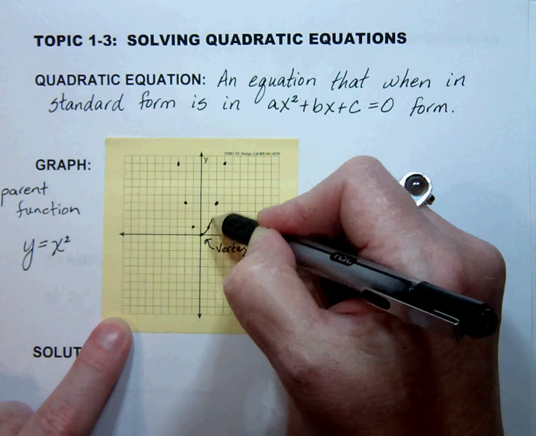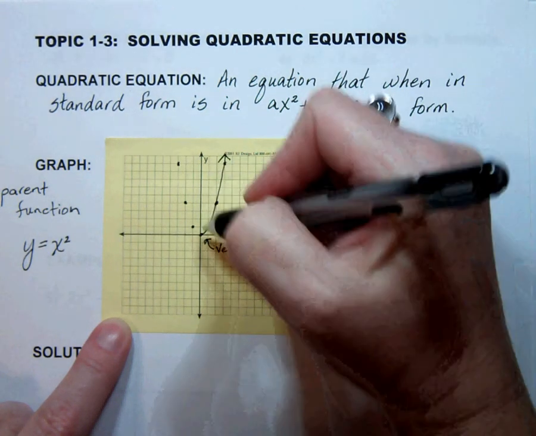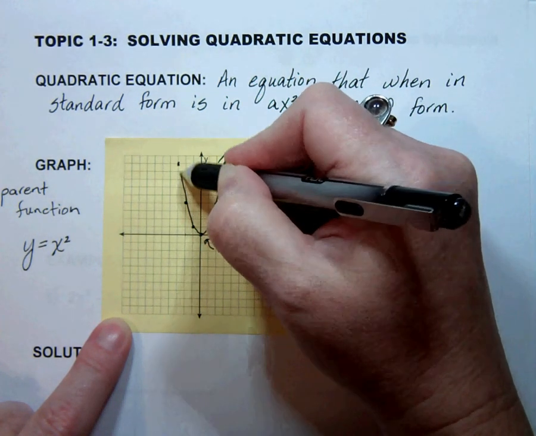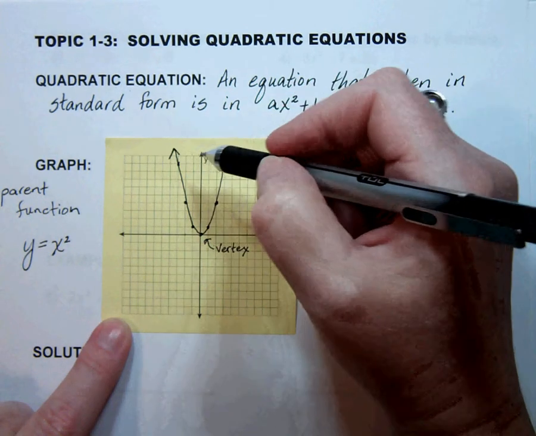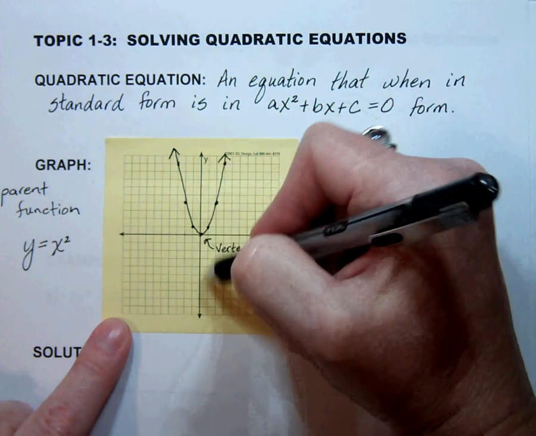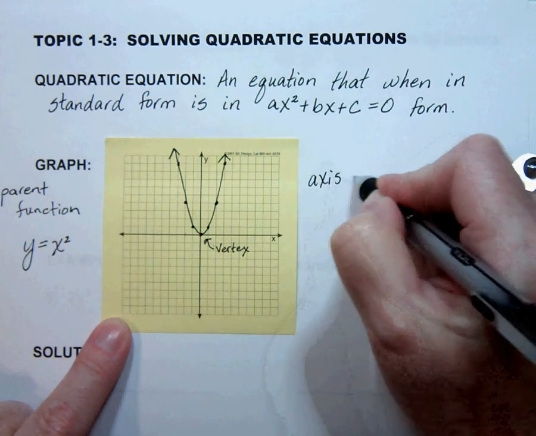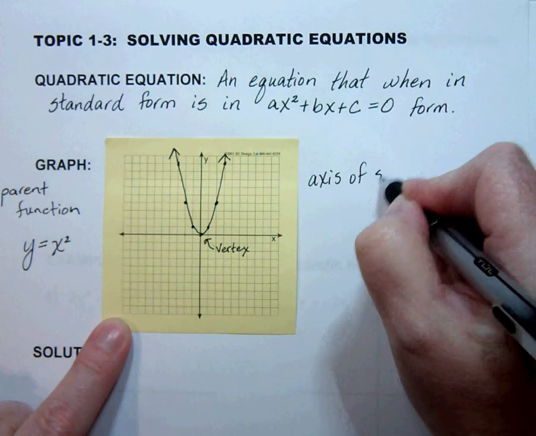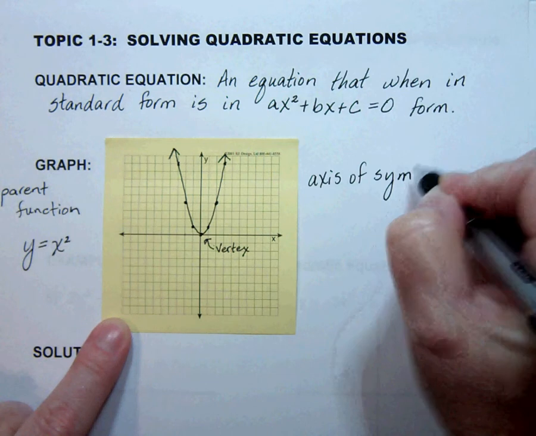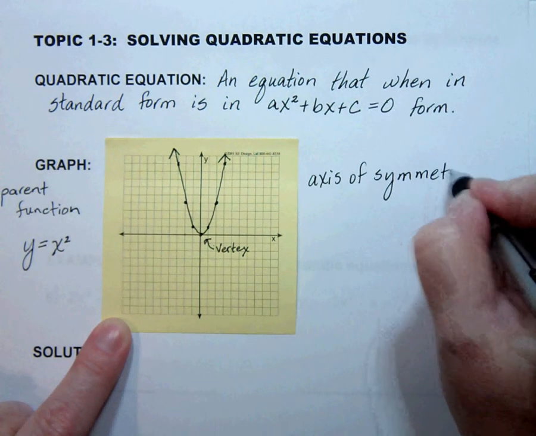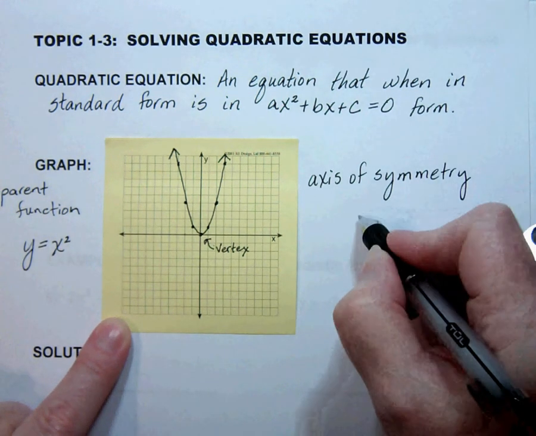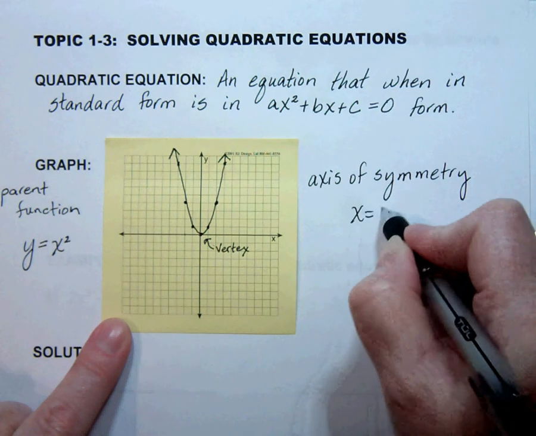So here's the parent function of a quadratic. The y-axis here is called the axis of symmetry. Let's go ahead and put that on here. And the equation of that line would be x equals 0.